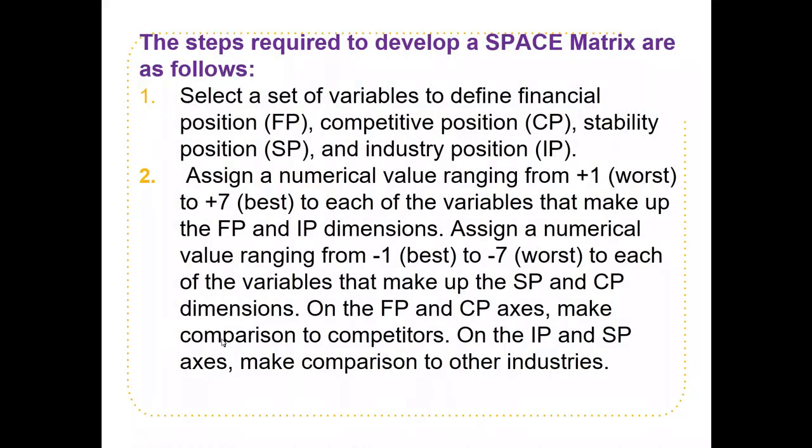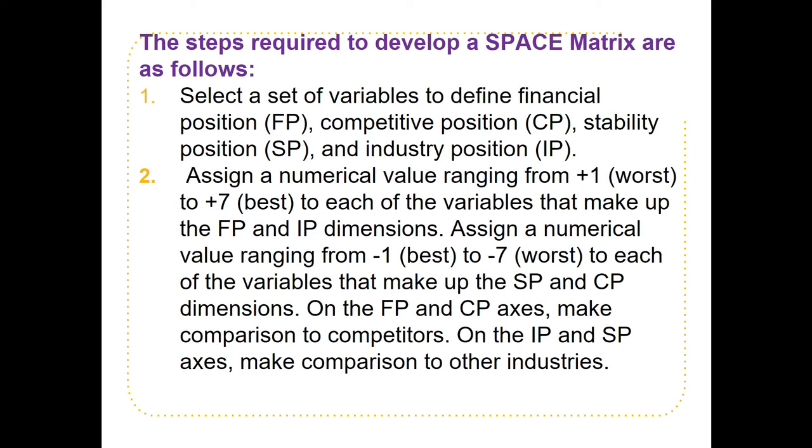Number two, you have to assign a numerical value ranging from positive 1 as the worst to positive 7 as the best to each of the variables that make up your FP and IP. FP is your financial position and IP is your industry position.